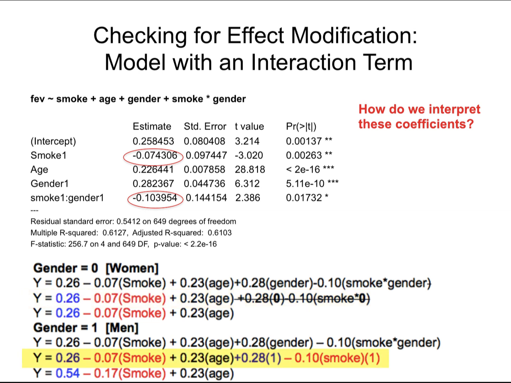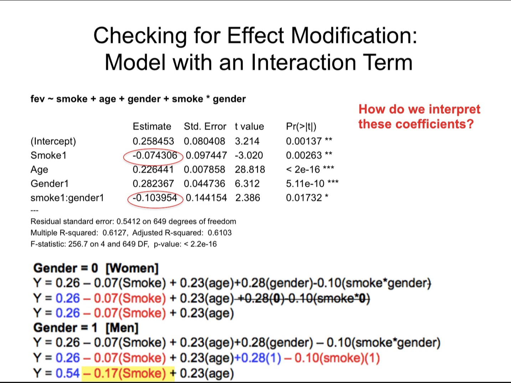So let's turn to the bottom equation for men, when gender equals 1. So we insert 1 into the values for both coefficients in the equation that include gender, so both the gender coefficient and the interaction term between smoke and gender. We can then add our intercept of 0.26 plus 0.28 to get an intercept of 0.54, and then add the negative 0.10 smoke to negative 0.07 smoke to get a coefficient of negative 0.17 smoke.